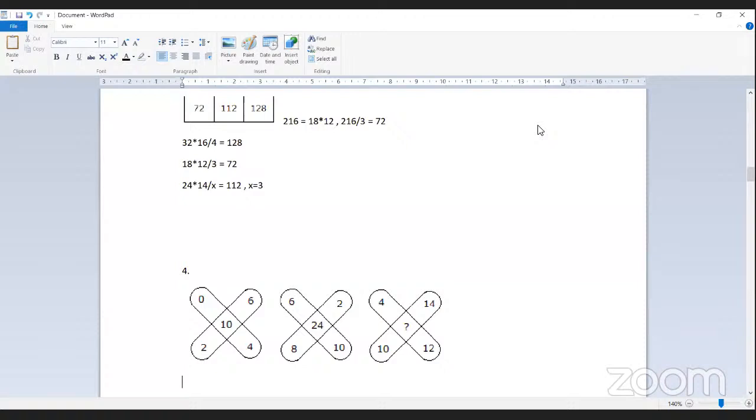But in the middle it is 10. So I'll say 12 minus 2 is 10. I'll see whether it works for the other ones. 6 plus 2 plus 8 plus 10 is 26. Again, 26 minus 2 will give you 24. Okay, so this is working.